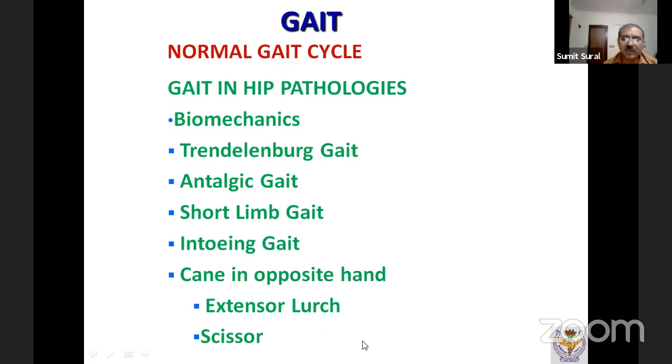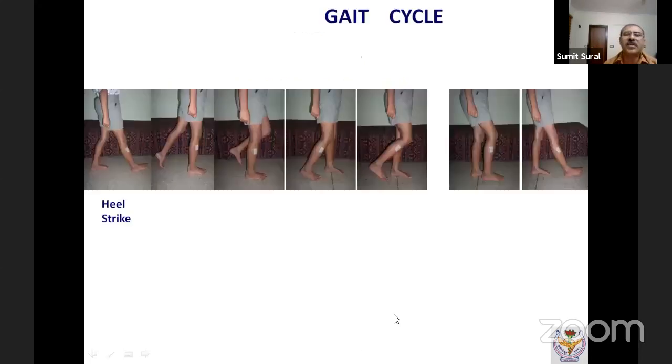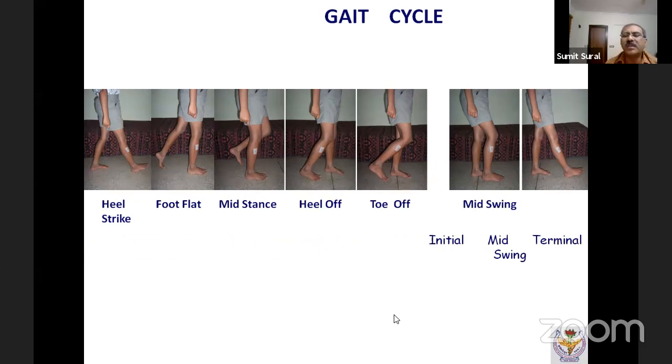The gait cycle starts with the heel strike, then foot flat, mid stance, heel off, then toe off. Then the swing phase starts when the limb is off the ground, from the initial swing to the mid swing to the terminal swing. Then when the heel strikes again, that is the finish of one gait cycle.